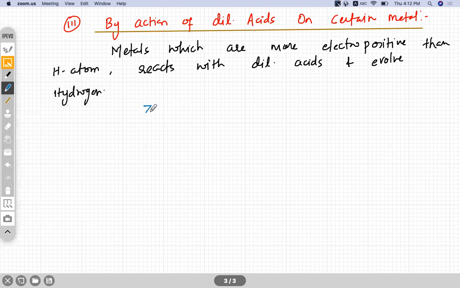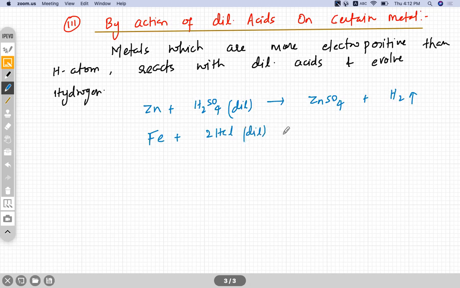For example, we have zinc. Zinc reacts with dilute H2SO4. We can say that yes, it displaces hydrogen. It is ZnSO4 plus H2 gas released here. Right? It is also a displacement reaction. Similarly, if you take Fe with dilute HCl, it gives FeCl2 plus H2.